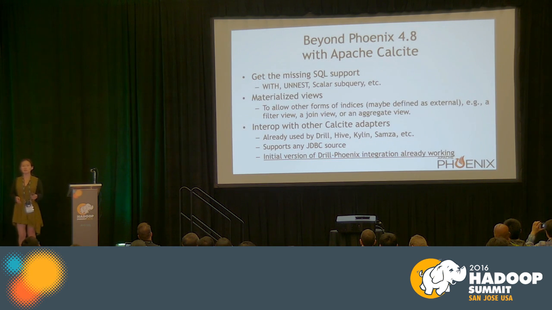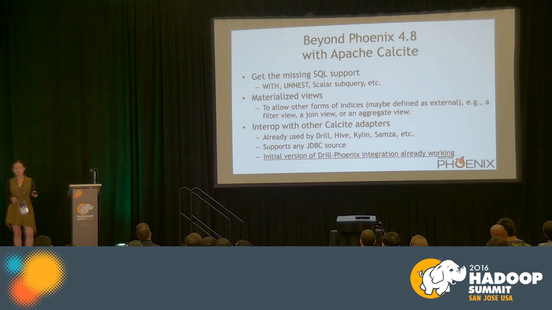So aside from this cost-based optimizer, we also have some other very significant benefits from doing this integration with Apache Calcite. First of all, as I mentioned, we are going to achieve good SQL language compliance, and also a couple of nice SQL extension features.